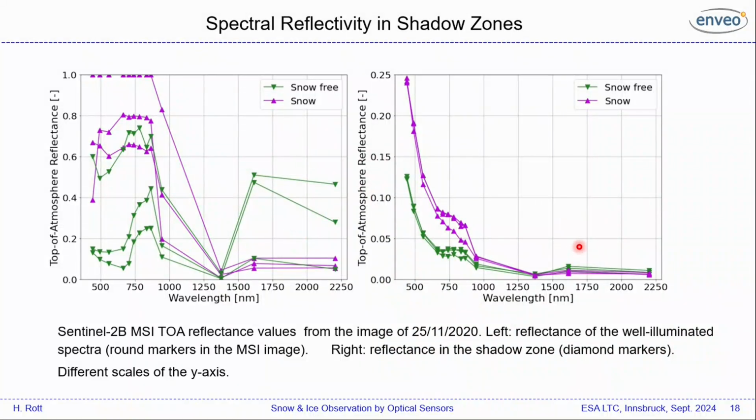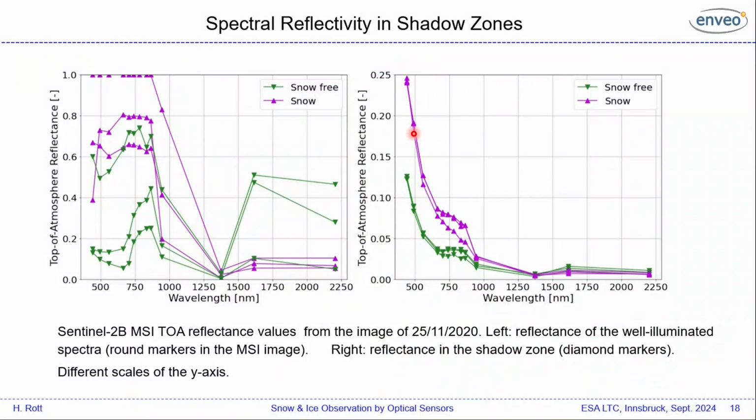And this is now in the shadowed zone. And there it's very different. These top of atmosphere reflectances are not corrected for this topography, but also the spectral behavior is quite different. We have quite low reflectivity everywhere above almost all the near-infrared and mid-infrared.